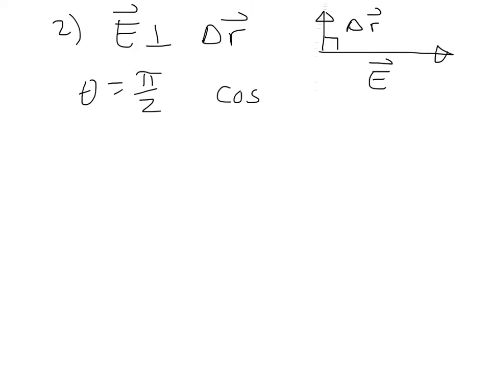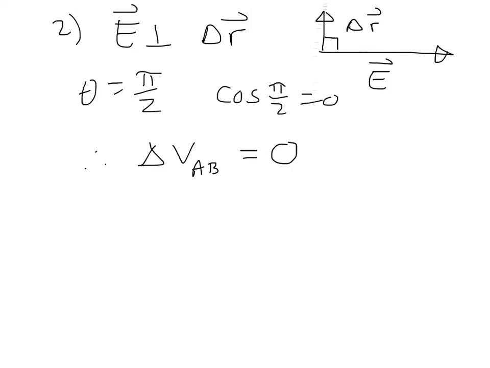We know that the cosine of that is 0. Therefore, this implies that the potential difference as we move in that direction is equal to 0. Okay? That has important implications.